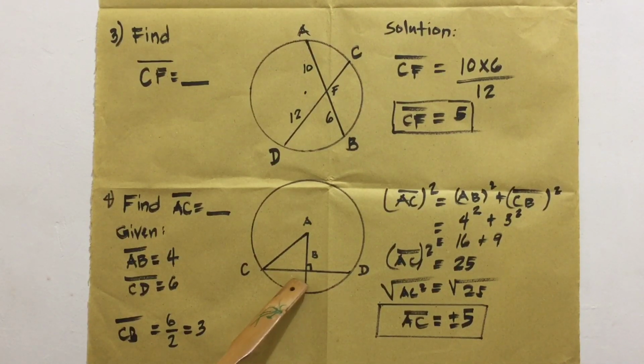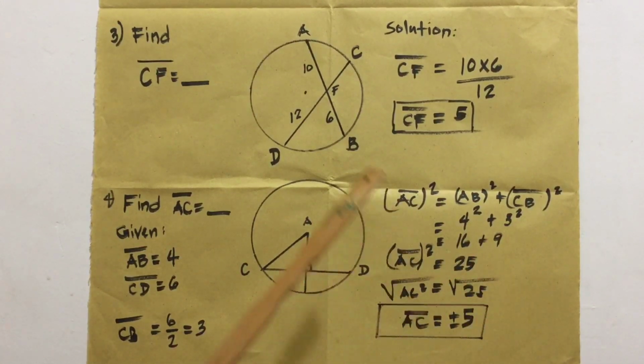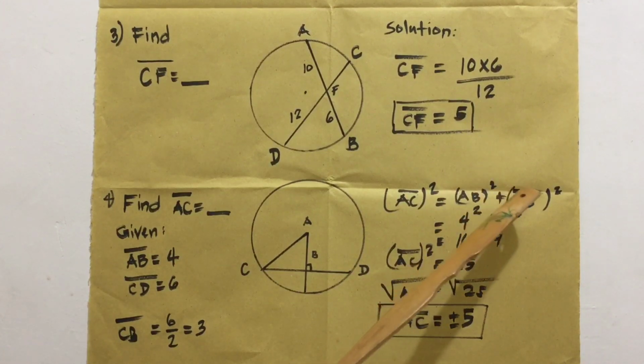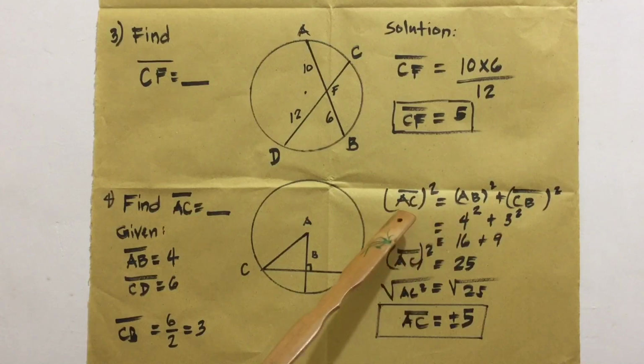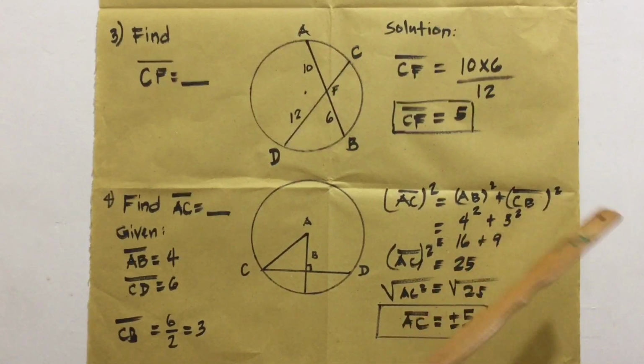Now we identify that CB is 3 and AB is 4. So we can now use the formula of Pythagoras. The original formula of Pythagoras is C squared equals A squared plus B squared. This time, since we're using segments, segment AC squared equals segment AB squared plus segment CB squared.